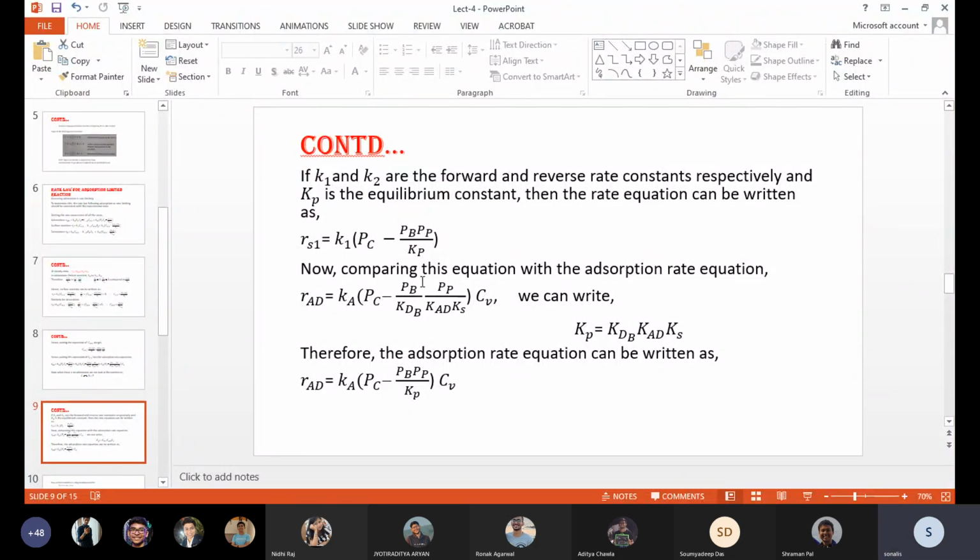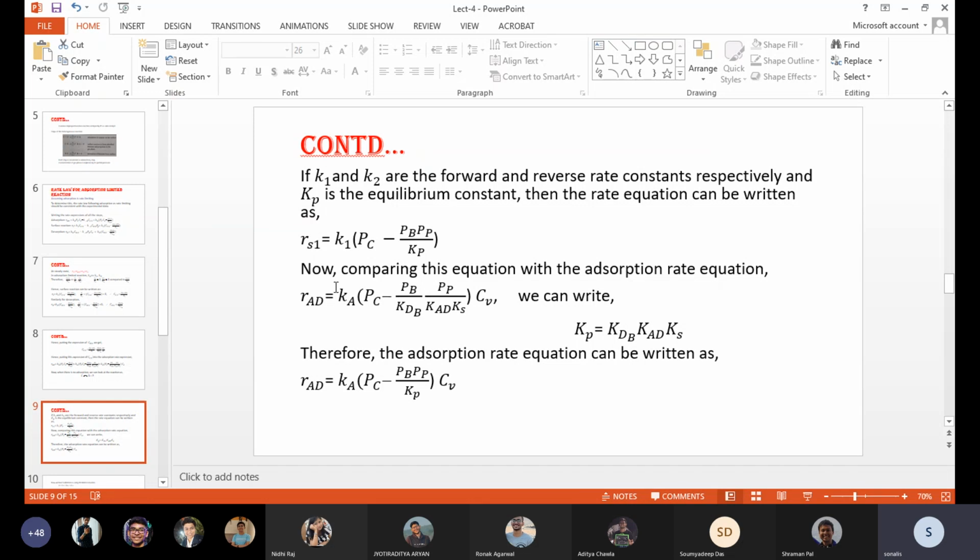So now comparing this equation with the adsorption rate equation, RAD is equal to KA PC minus Pb Pp by Kd of B Kad Ks into Cv, which we have written earlier, with this equation without any catalyst, then you see the denominator, this jumble of constants, these three constants may be replaced by this Kp.